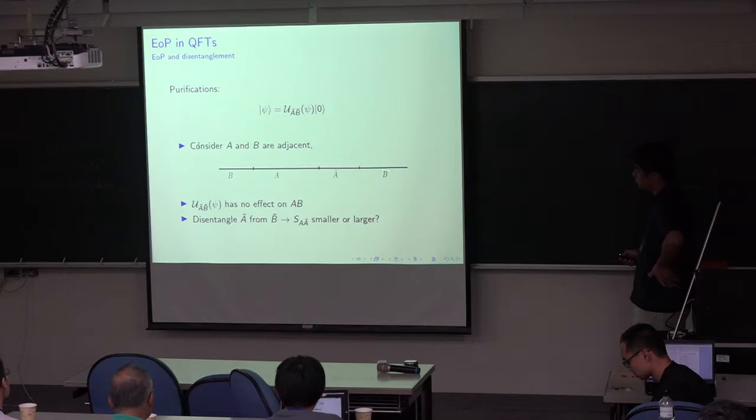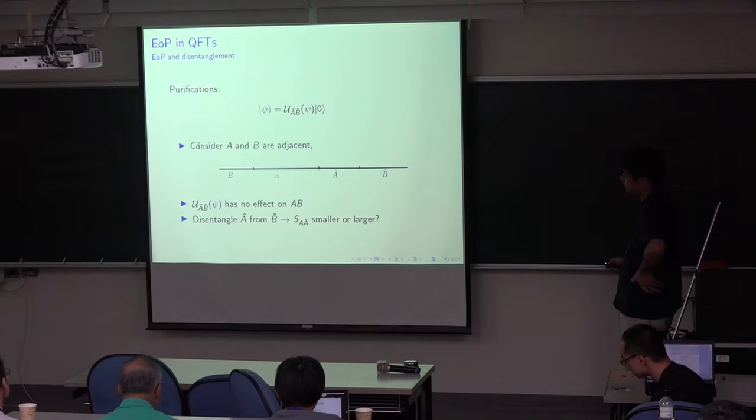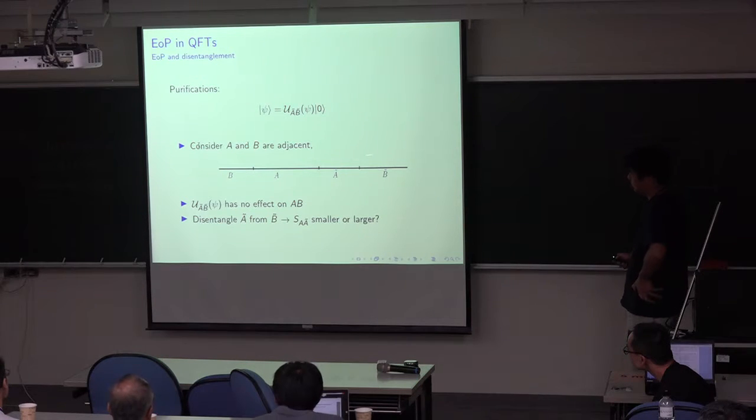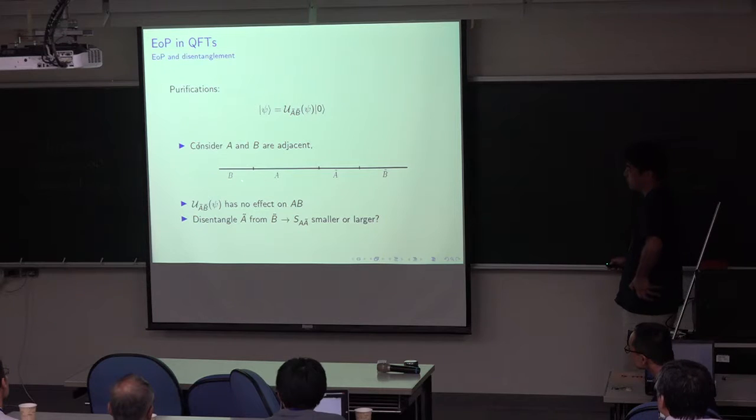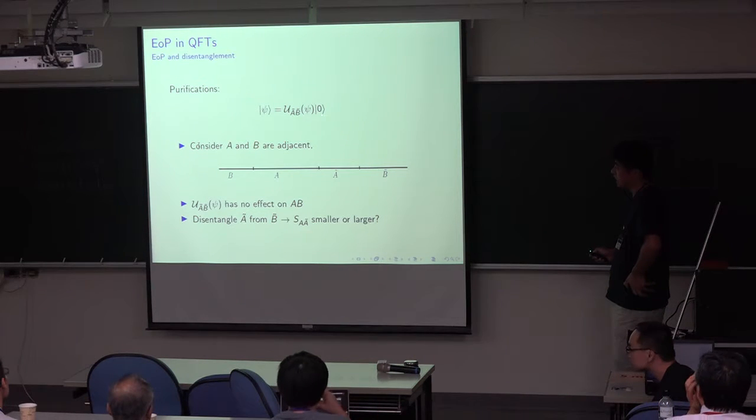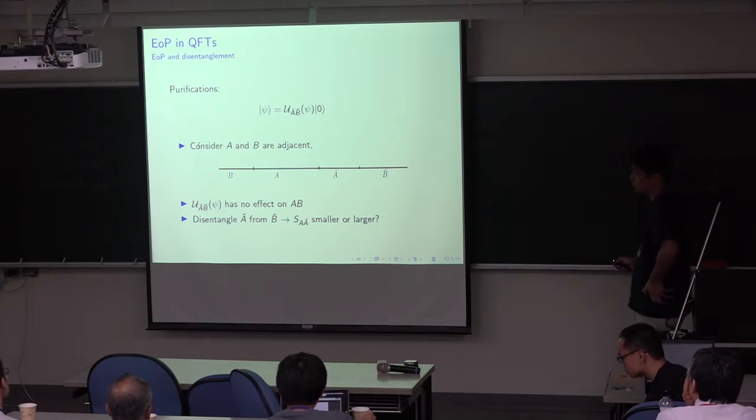Here we choose A2 to be near A, and the local operation of the unitary transformation only works on these ranges and is unrelated to these ranges. You can see that the reduced density matrix of Rho AB is invariant. It's the same as the vacuum case.